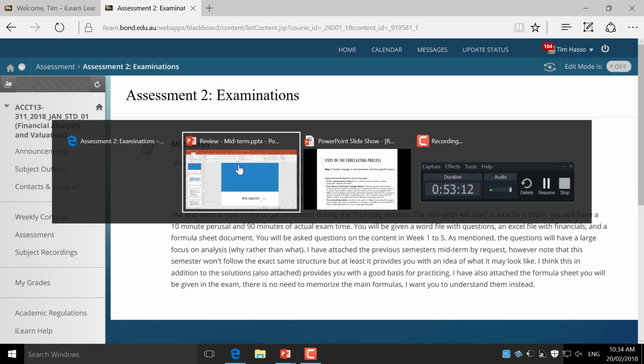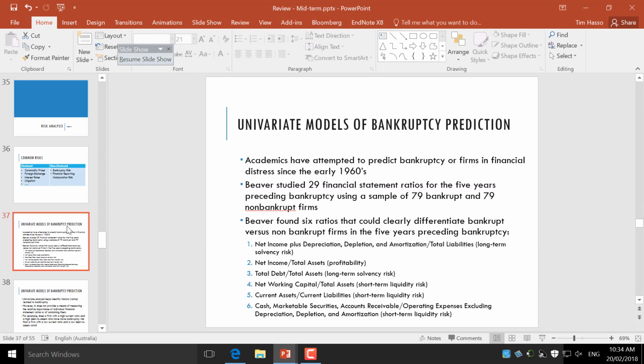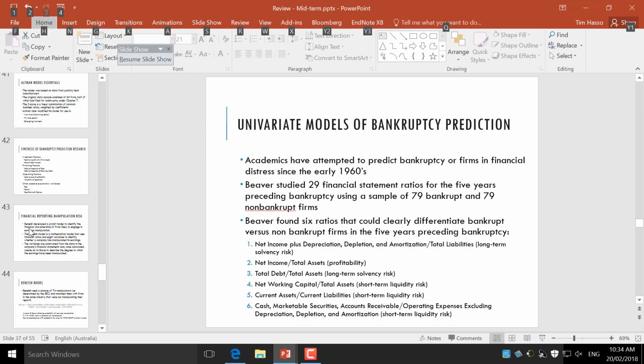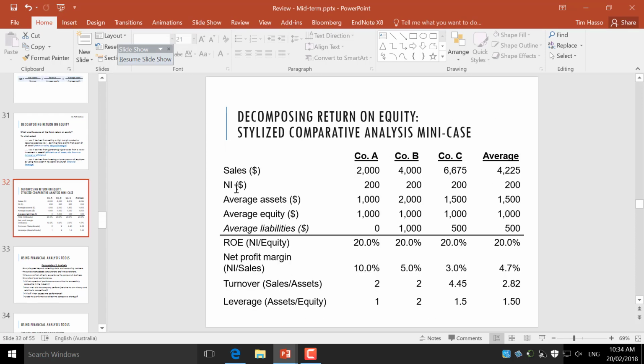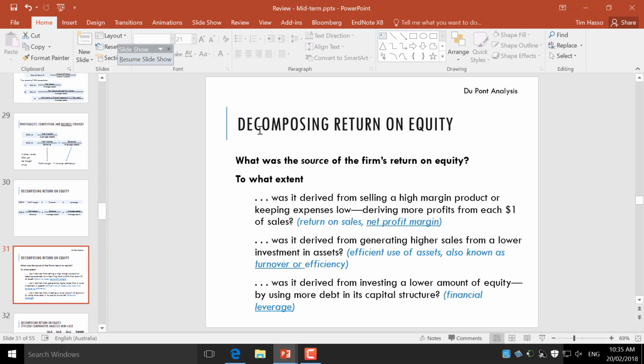When I talk about the readings, I don't mean that you should read the entire thing. What I would suggest instead is that if you're looking at, for example, decomposition of return on equity, find where the reading talks about decomposing return on equity and read that section.